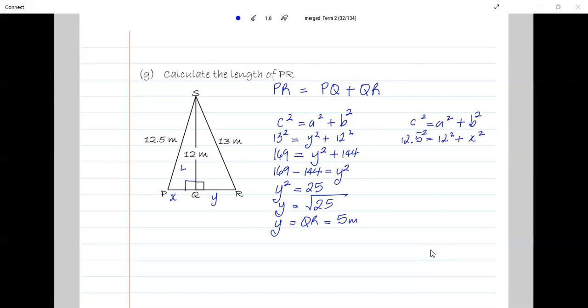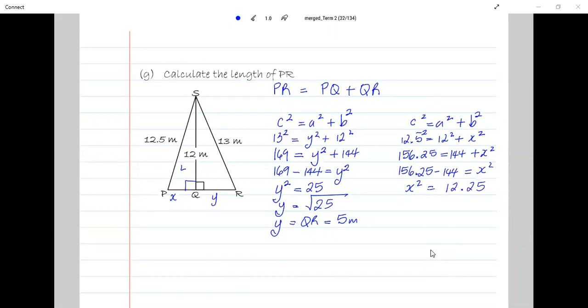12.5 squared is 156.25. And this is equal to 144 plus X squared. Positive 144 goes over and becomes negative. And this is equal to X squared. So X squared is equal to 12.25.